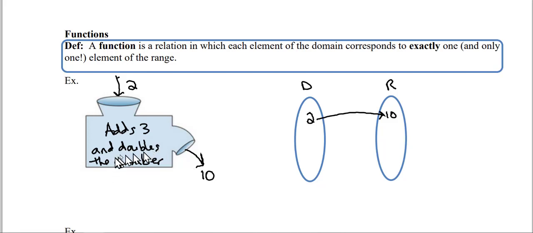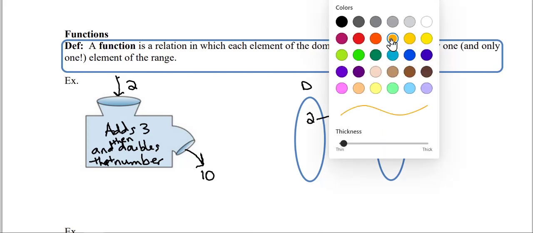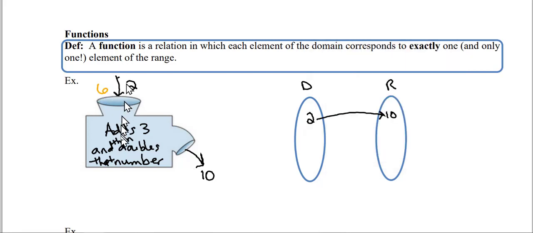So maybe we should be more specific here, and then doubles that number, just to be very clear about what we mean. So if I put in, let's suppose I put in 6. 6 goes in, I add 3 to it, I get 9. I double that number, out comes 18. So over here, 6 would go to 18 and would only go to 18. It would never go to any other number.